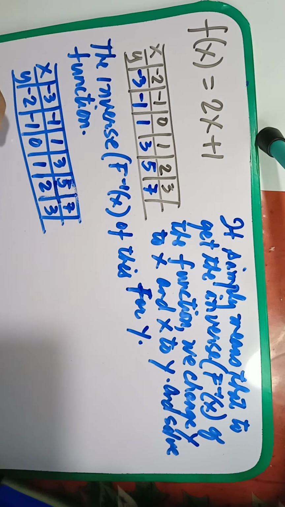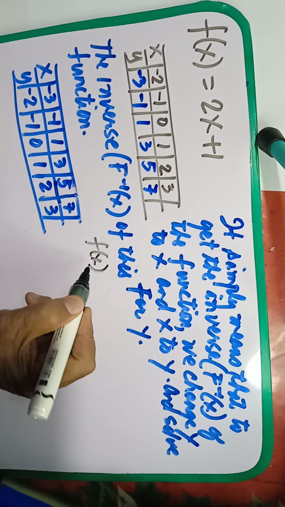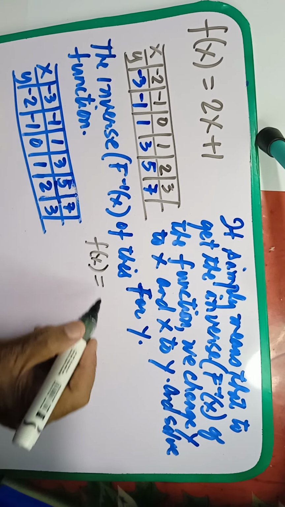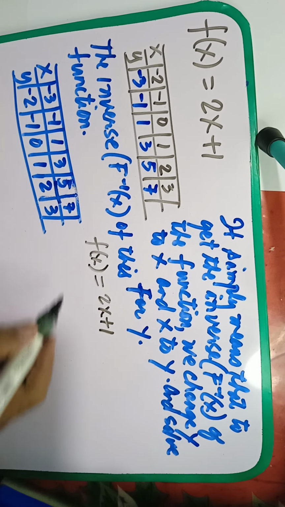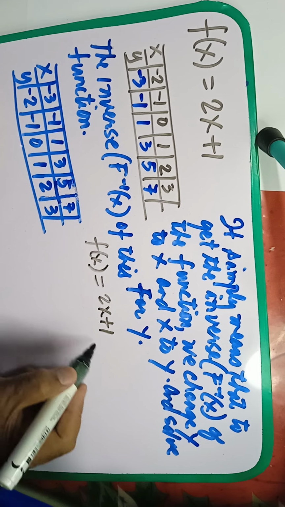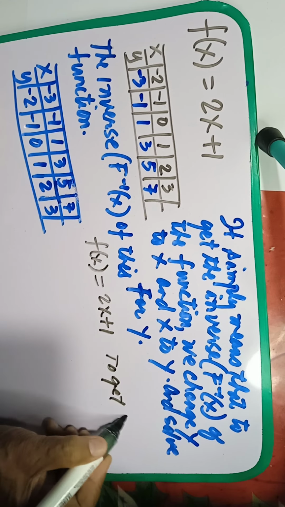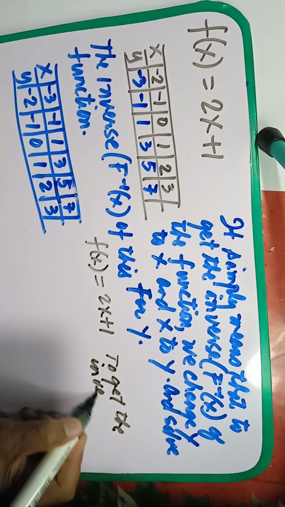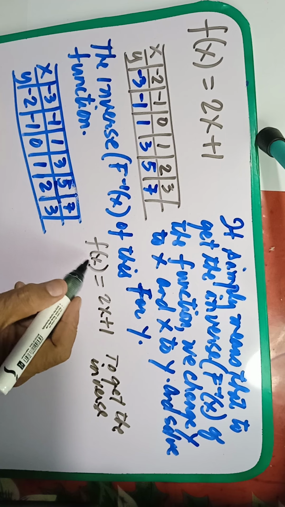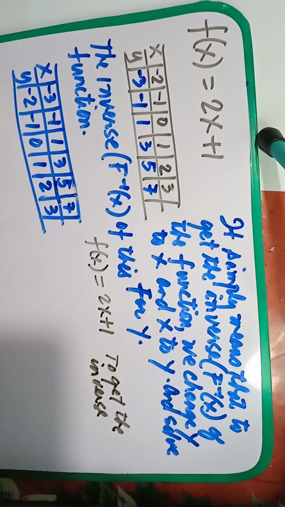Let's go back to the function. f of x equals 2x plus 1. Now, to get the inverse, change y to x and x to y.